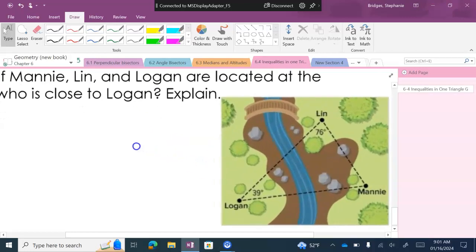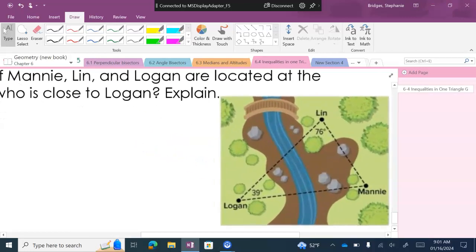Okay, does everybody see your angle measures in there? Find out the angle at Manny first. Then look at your segments. Label them, the short one, the middle one, and the long one, and then you'll be able to see who is the closest to Logan. You can't just look at it and tell.